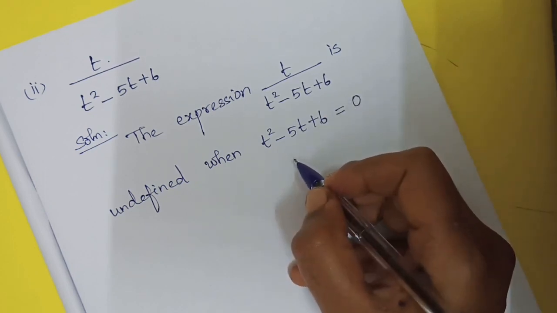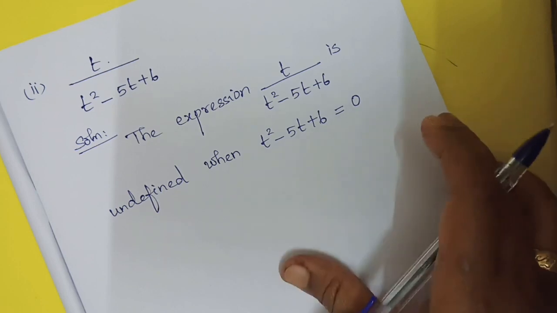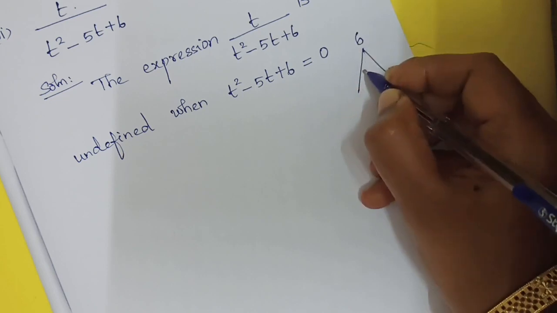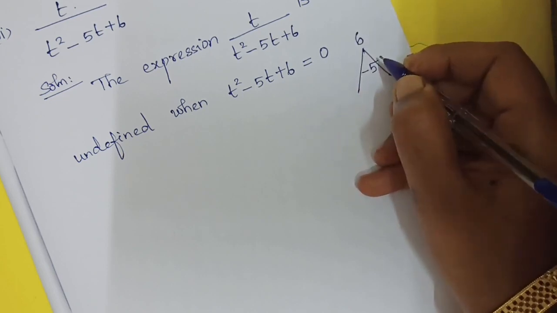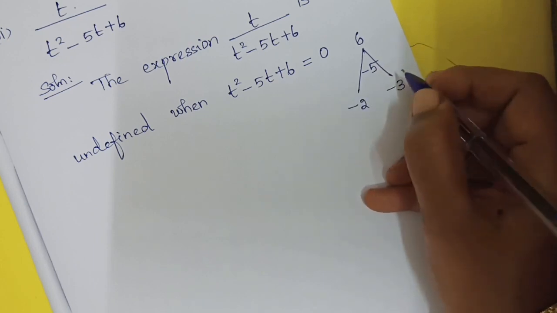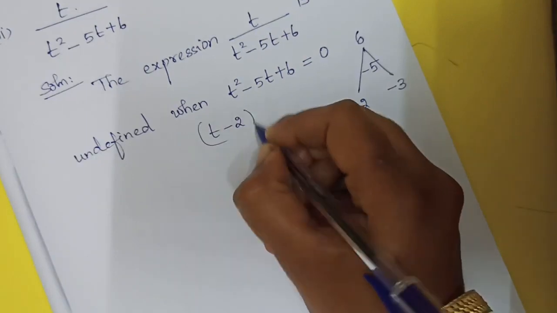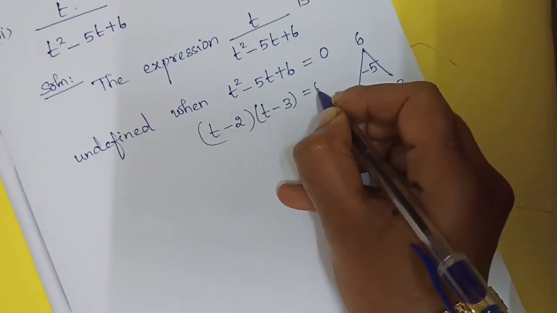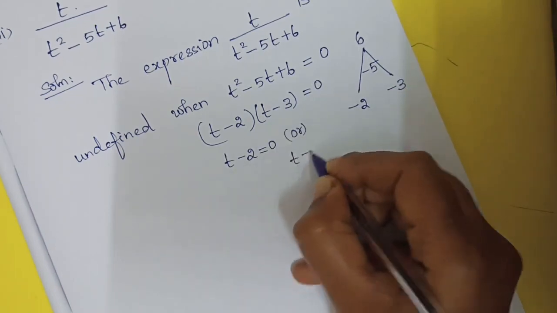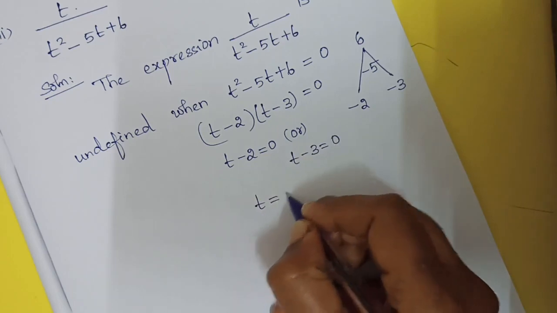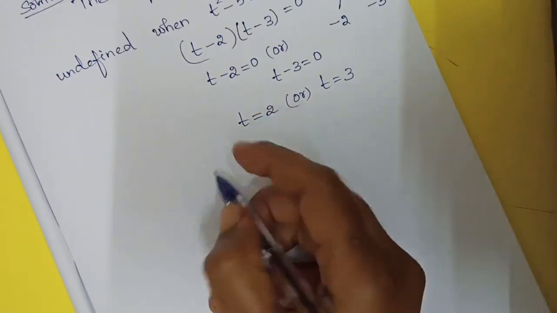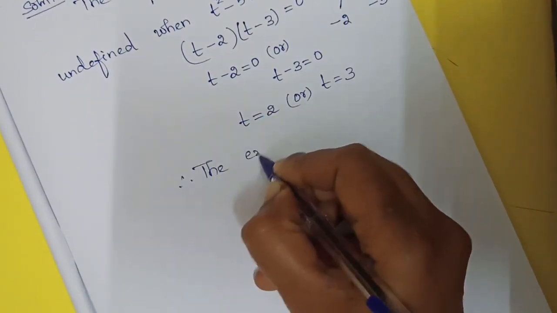Since it is a quadratic polynomial, we need to factorize this. The product is 6 and the sum is minus 5. I think minus 2 and minus 3. Yes. So t minus 2 and t minus 3 equal to 0. From this, t minus 2 equal to 0 or t minus 3 equal to 0, so t equal to 2 or t equal to 3. We got the excluded values. The excluded values are 2 and 3.